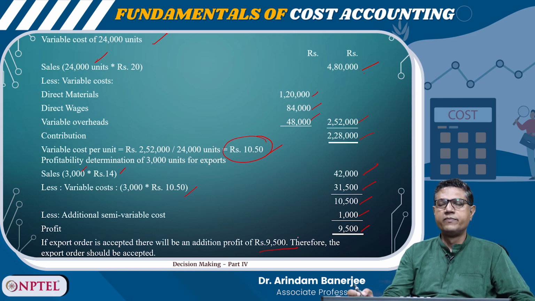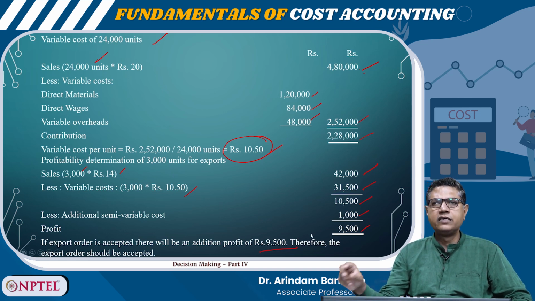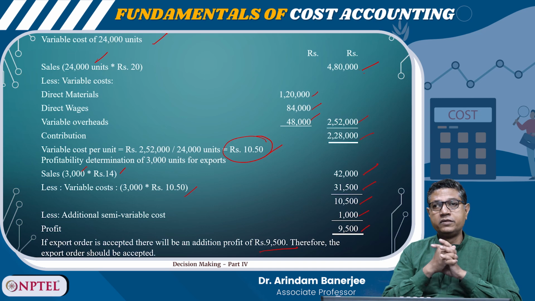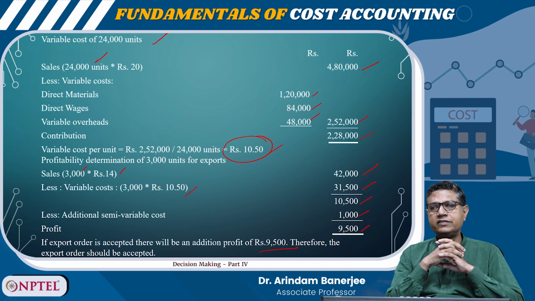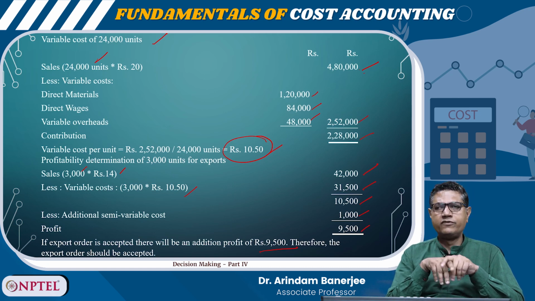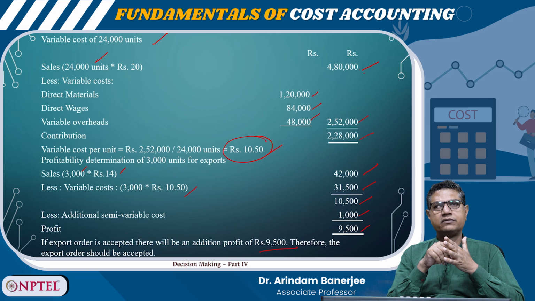Now, you see basically what is happening. For earning a profit, the company needs to cover the fixed cost. If you remember, we discussed the break even point. What is the formula for break even point? The fixed cost by contribution per unit. If I divide the fixed cost by the contribution per unit, we get the break even units.